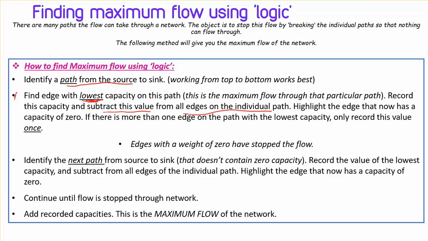Simple as that. We highlight the edge that's now got a capacity of 0, and then we just repeat the process for the next path until we cannot flow through the network anymore. All of the recorded capacities become the maximum flow. So let's look at what we've just talked about in practice.